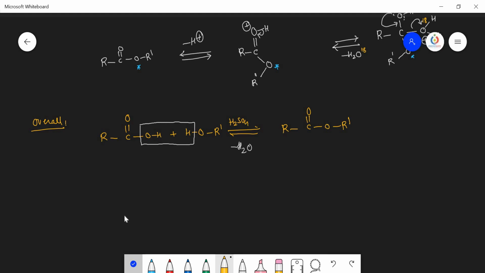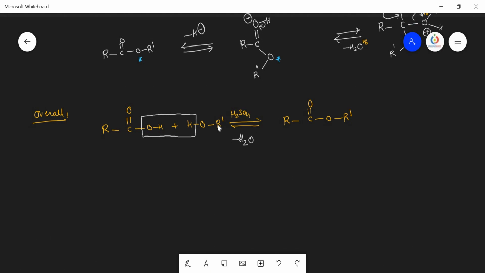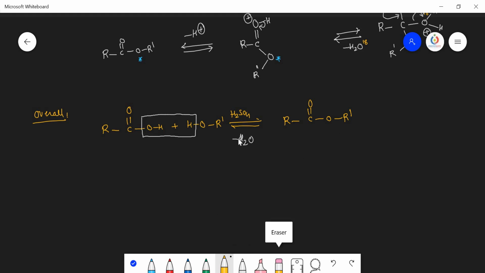Okay. And what are the required conditions? Because this reaction is a reversible reaction, what are the required conditions for carrying out the forward reaction? Because this H2O is removed over here, no? So I'll write down this H2O on the product side, so that you can understand even more clearly. Now this is an equilibrium reaction.